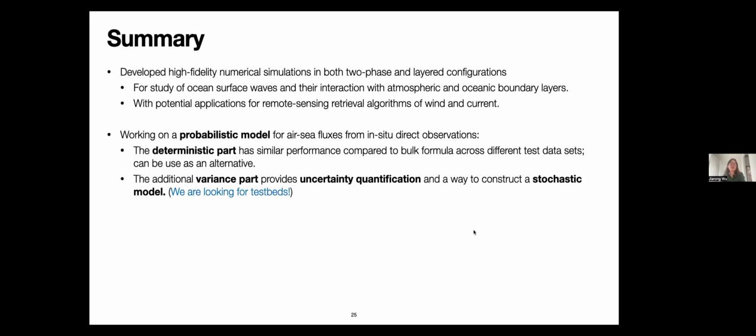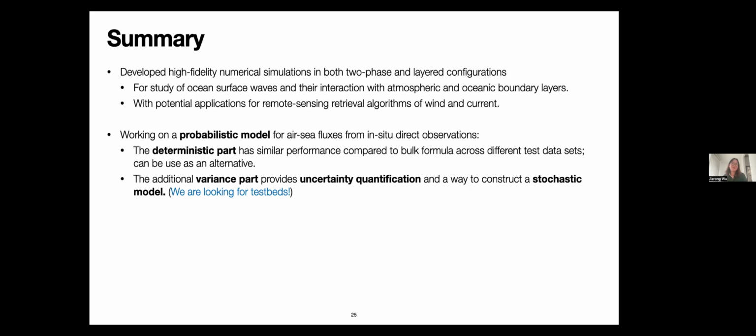And right now I'm working on a probabilistic model for air-sea flux learned from in situ direct observations. And so far, we've seen that the deterministic part has very similar performance compared to bulk formula across different test sub-data sets. So really, it can be used as an alternative in some scenarios.